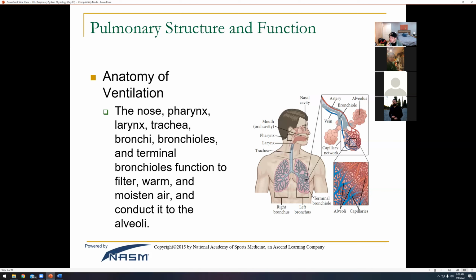And then one of the things you're going to check for is you're going to look to see if their lips are blue. Your lips are actually a really high blood flow area. That's one of the things that makes kissing so pleasant. They're a really high blood flow area, so they get a little puffy. And when you do not have any oxygen running through your body, they will start to turn a bluish color. That's one of the ways you can tell if someone is suffocating.